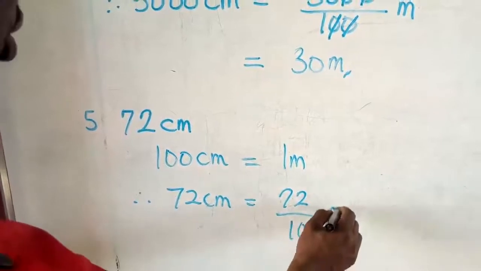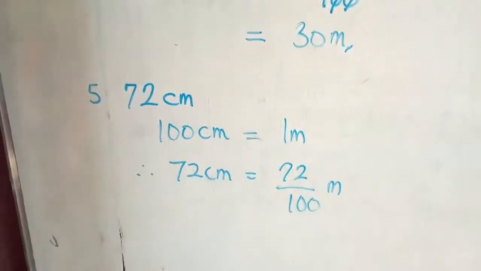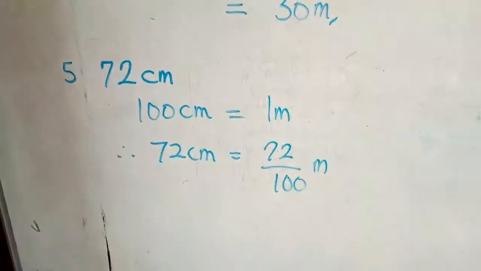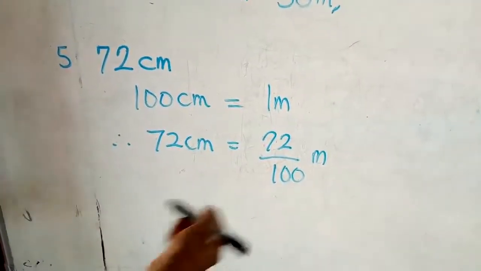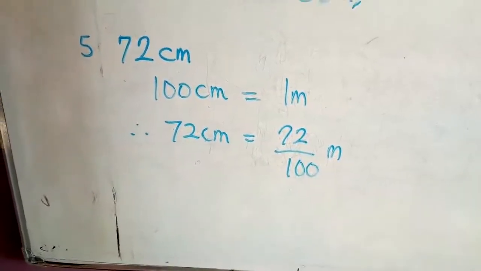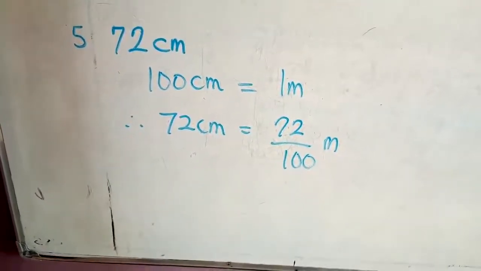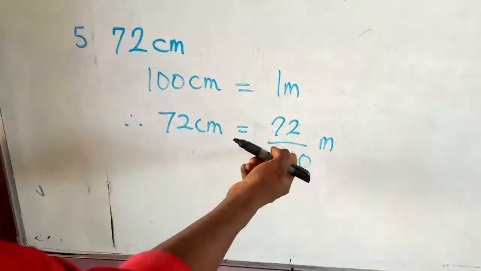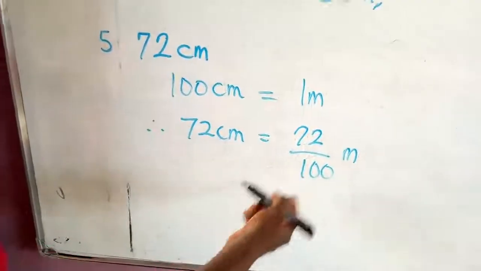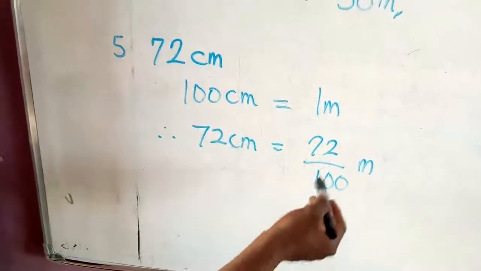Now your answer is going to be in meters. Here, we don't have zeros in our numerator. Since 100 is a power of 10, we have to jump by the number of zeros we have in our denominator to the left in the numerator. So how many zeros do we have here? 2 zeros.